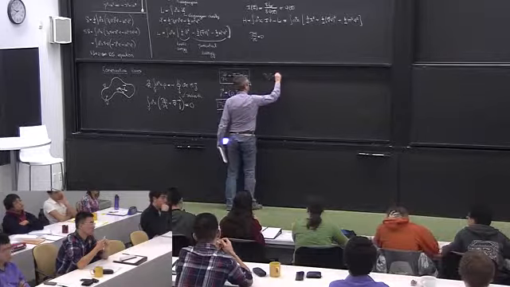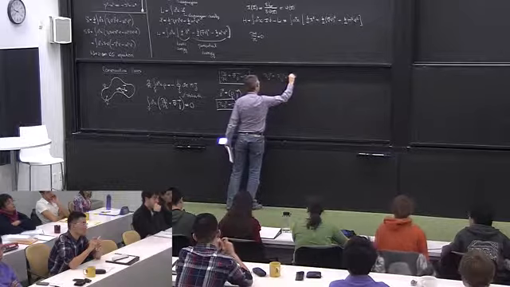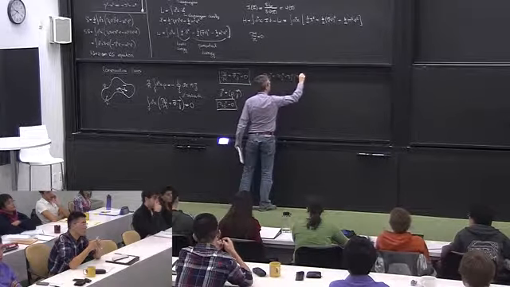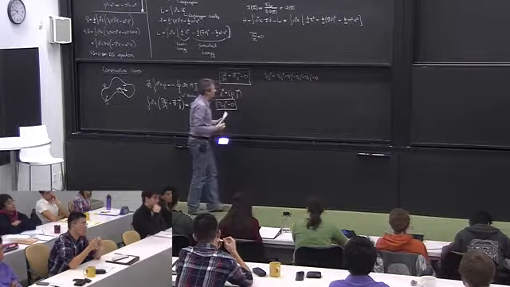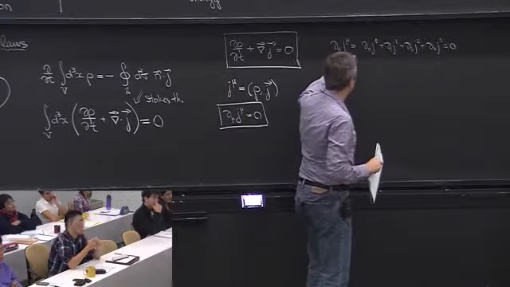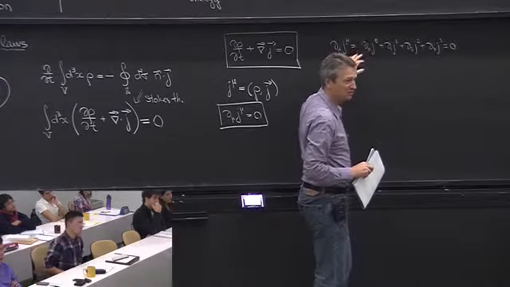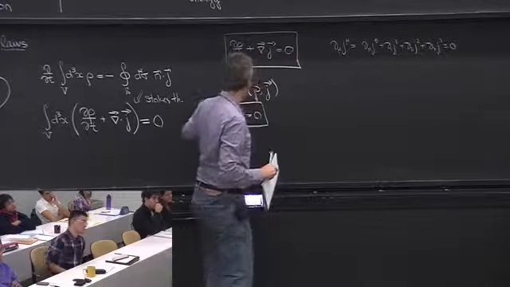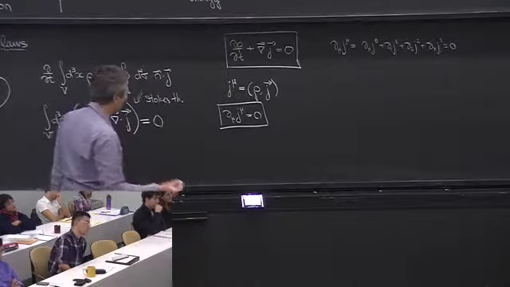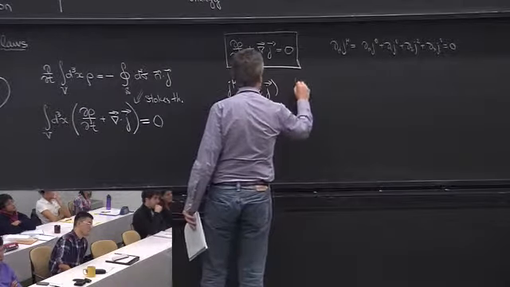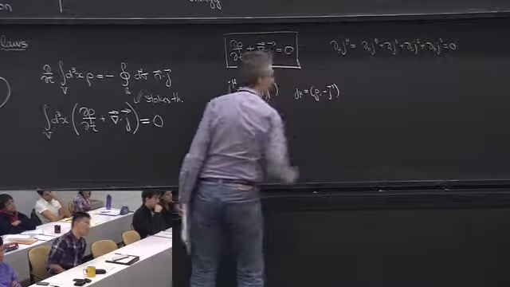This will be equal to d0 j0 plus d1 j1 plus d2 j2 plus d3 j3 equals 0. The plus here is just because the indices already stand in the right position. We can also lower the index on J, and then this will be the minus.